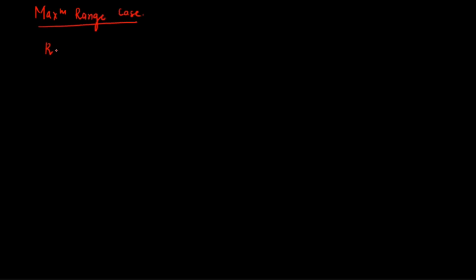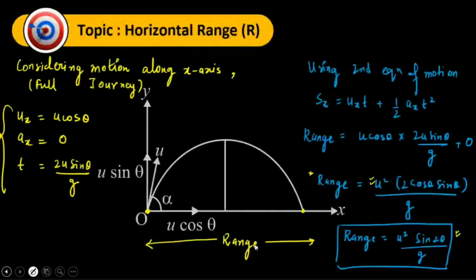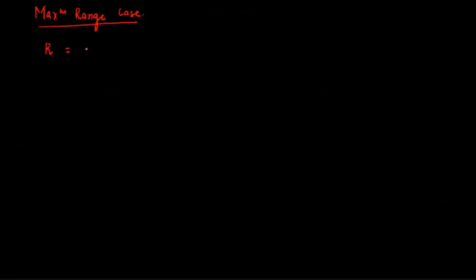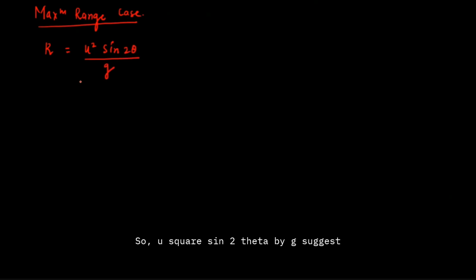As you already know, range is nothing but u square sine 2 theta by g. This suggests that the only thing which can be changed, keeping the initial velocity of the projectile constant, is theta.